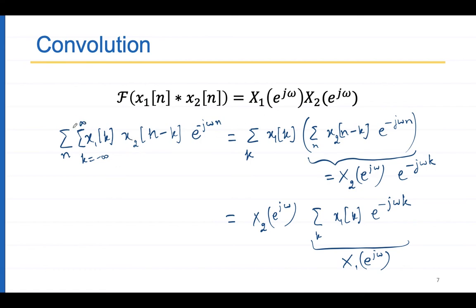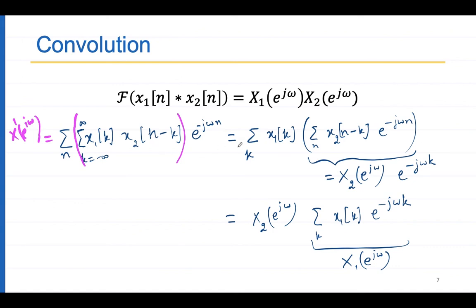Let us say I'm starting with this part. So my X'(e to the power j omega) is simply this thing times e to the power minus j omega n, summed over all n. n goes from minus infinity to plus infinity. That is obvious, so I have just not written it.